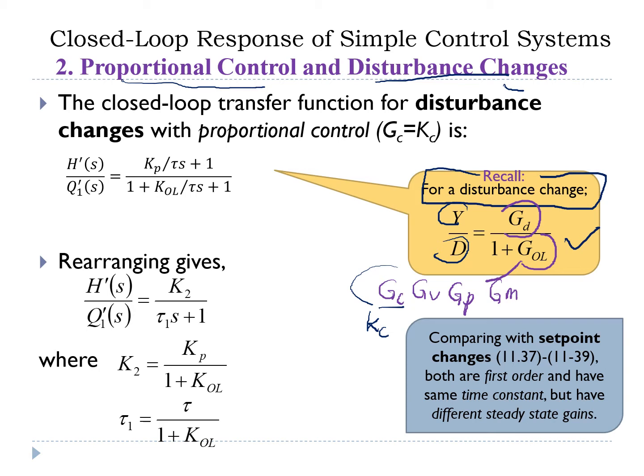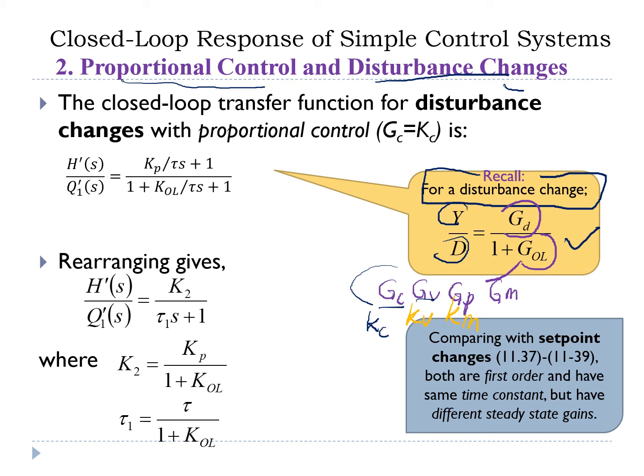Given that the dynamics of the control valve and the transmitter are negligible, only the gain of the control valve and the gain of the transmitter are considered.